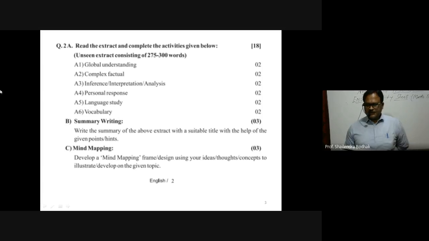Then activity three is inference, interpretation, analysis. That is to deduce, or you have to come to a conclusion, or you may guess or infer, or to take out the meaning according to the text or the extract.